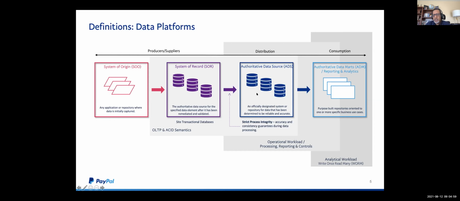So we send this into something called the authoritative data source, or ADS layer, as we call it, with strict process integrity. And then this is taken to other data marts for reporting, analytics, and so on and so forth, right? We use different database and data store technologies here. We'll talk about that in just a second.